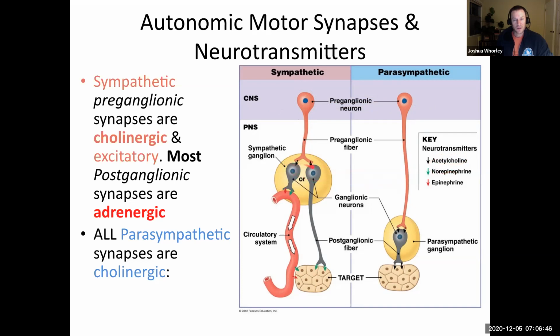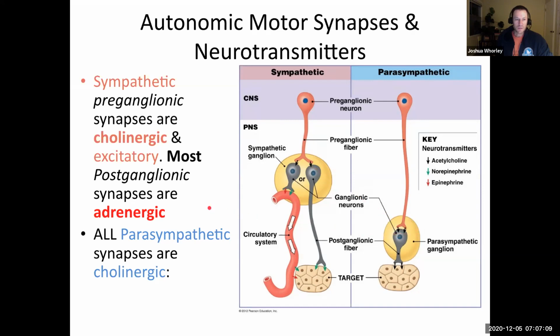So that means all of these synapses are cholinergic, and all of these synapses here and here are excitatory. So acetylcholine is operating in the ways that you've seen it operate before with skeletal muscle, right? It's stimulating the opening of sodium or calcium channels, perhaps. Right?